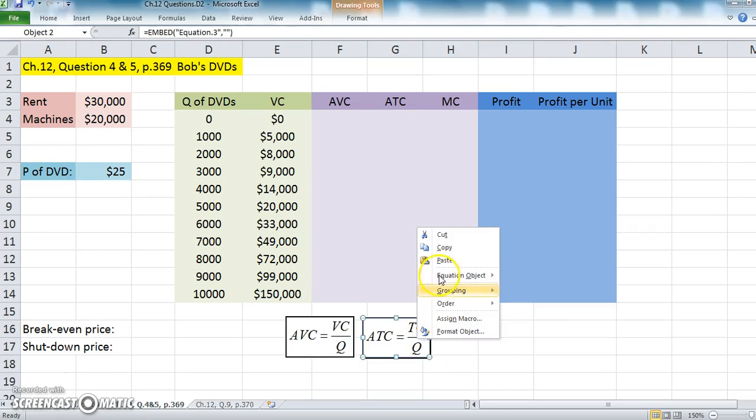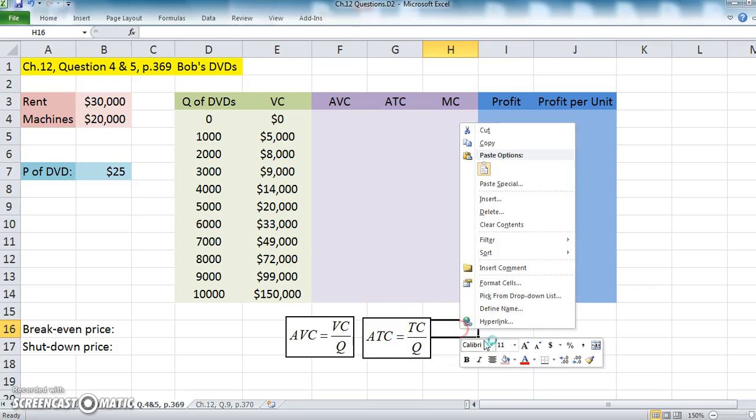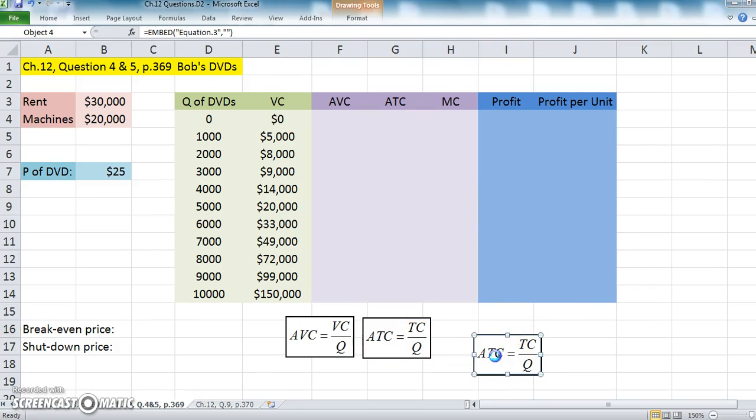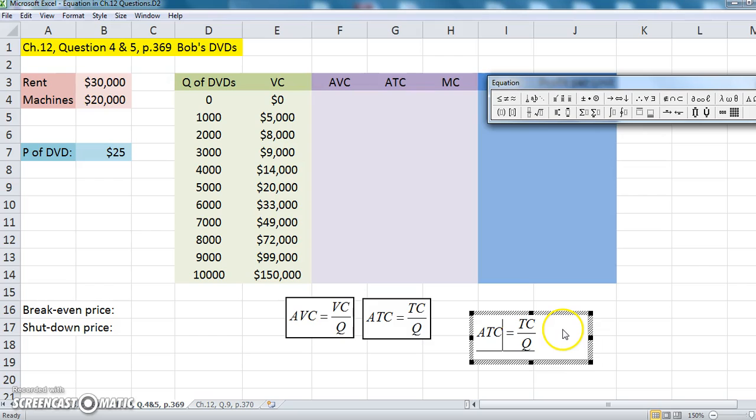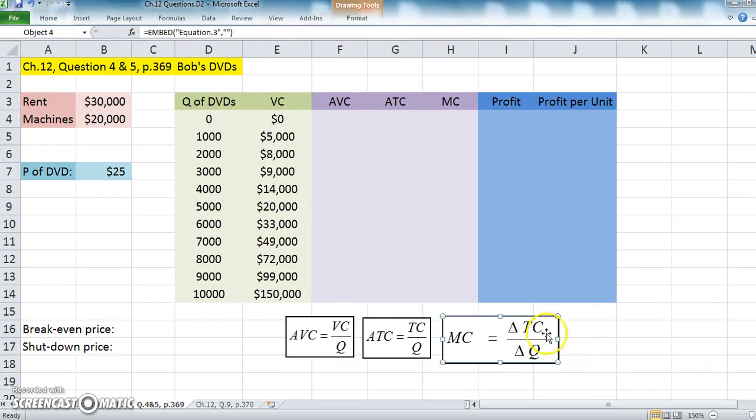And then we know the marginal cost is the change in total cost divided by change in quantity. Okay, so those are our important cost concepts for the question.